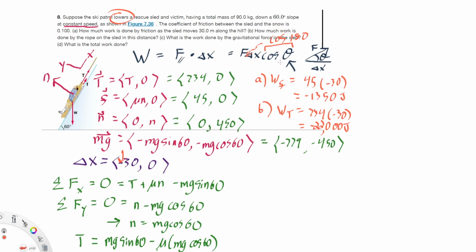So this theta here is the acute angle between the force and the displacement. So yes, the f and delta x in this case are in opposite directions, so the angle between them is 180, but the acute angle between them is 0.